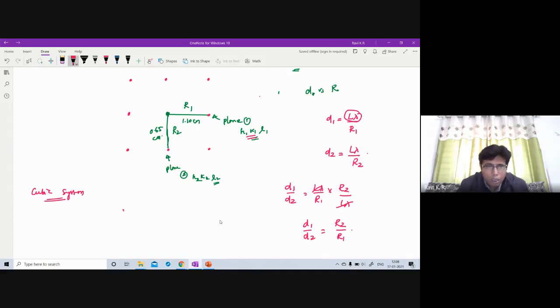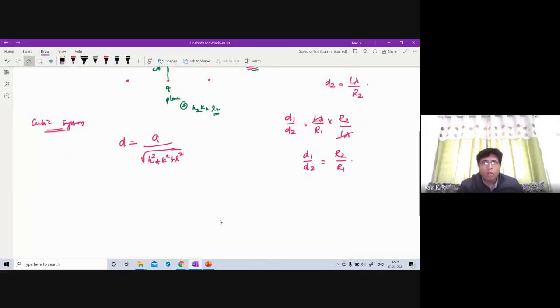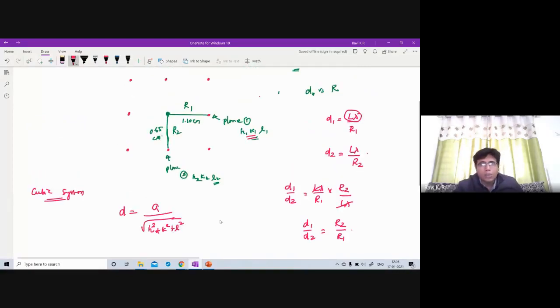Can we write D is equal to A divided by root of H square plus K square plus L square? For a cubic system, this is what we know, isn't it? Correct? Yes, sir. Okay, so in that case, now you have a 2D, which means this one must be having some D and this one must be having 2D. For a cubic system, the lattice parameter is actually constant, so that means A must be same.